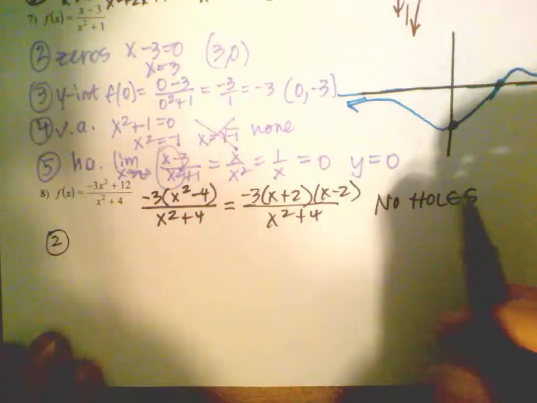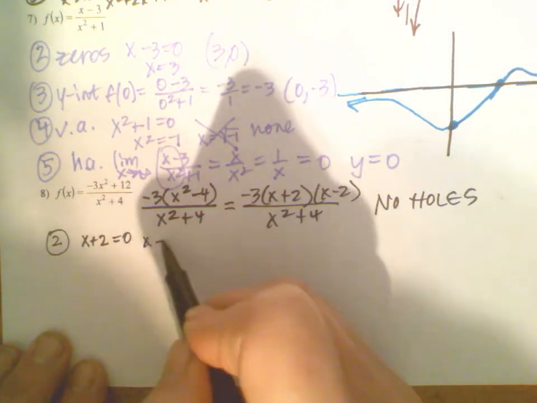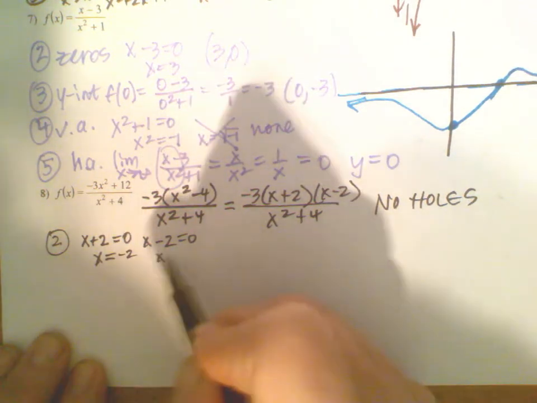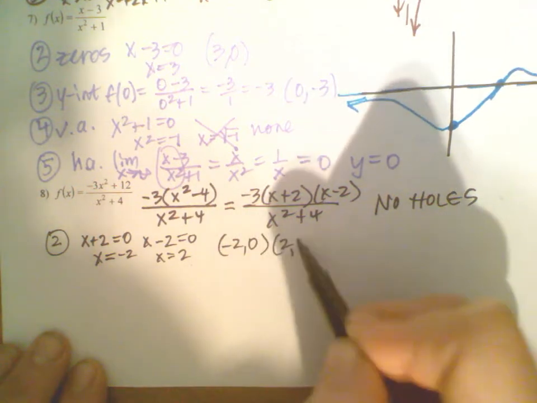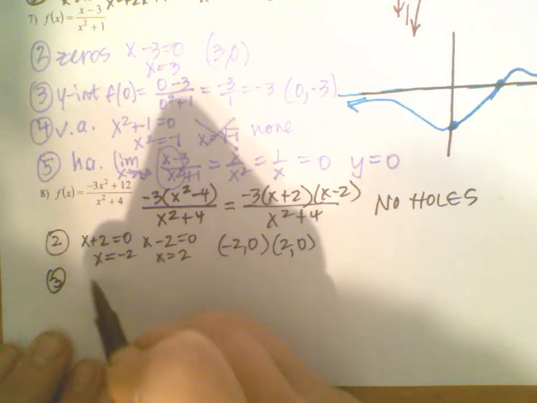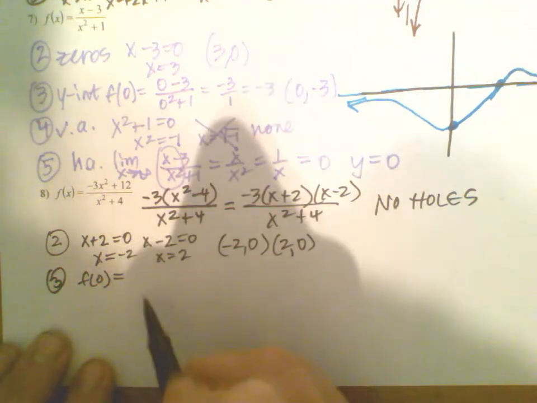I'll find my zeros by setting the numerator equal to 0. So I have it at x equals -2, x equals +2, so that's -2, 0, and +2, 0. Then I have my y-intercept by doing f of 0, replacing again all of my x's with 0.